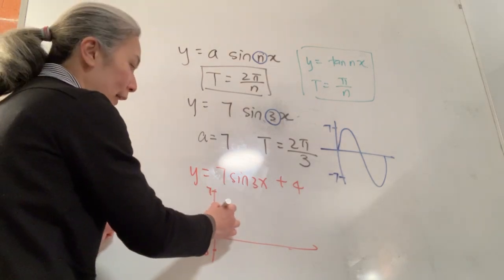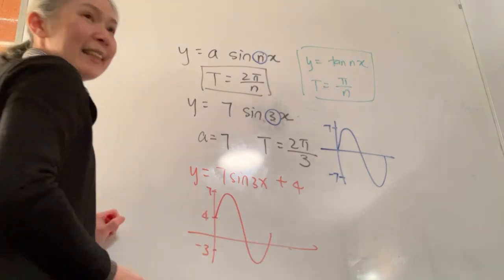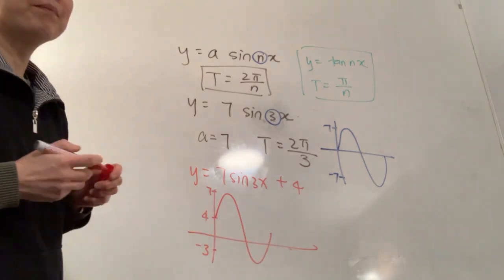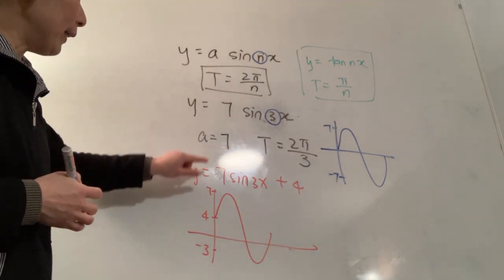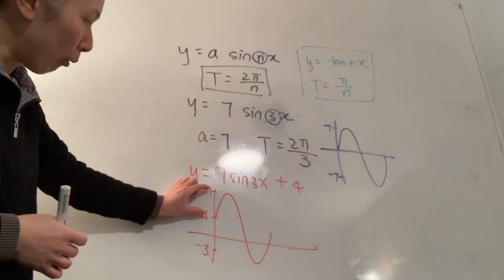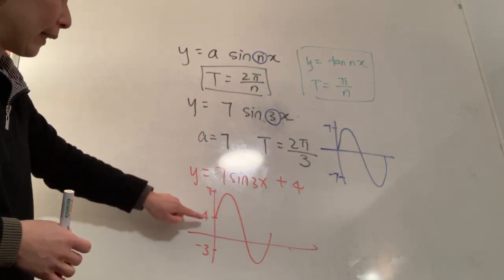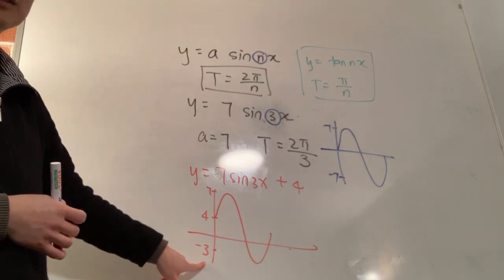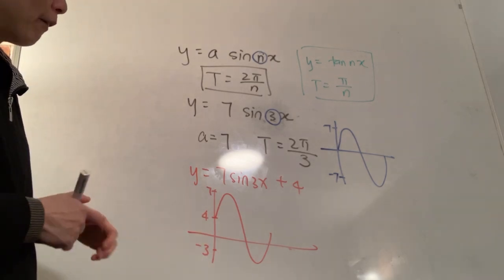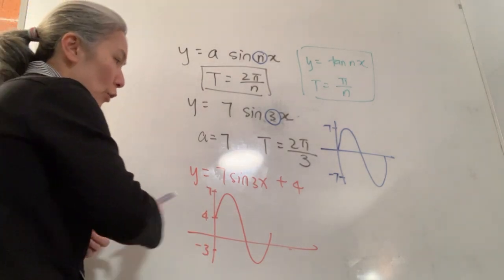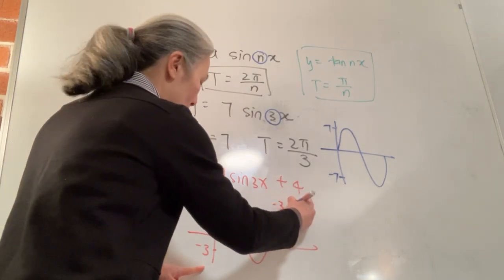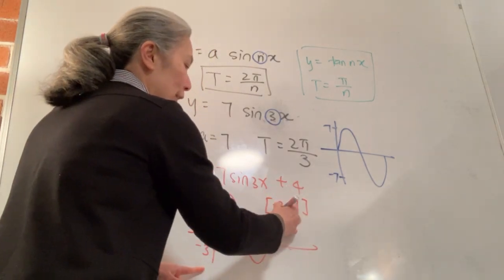So your curve is going to go from -3 to 11. What does the 7 indicate again? 7 is the amplitude, how tall it is from the center to the highest point, and from the center to the lowest point. Therefore, the range for this curve is going to go from -3 to 11. That is the range.